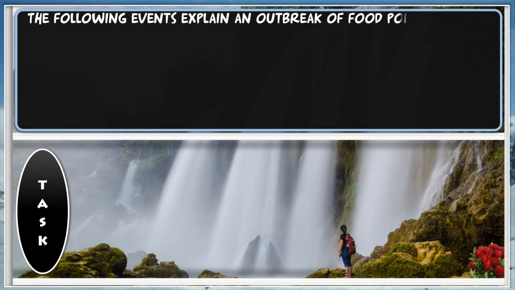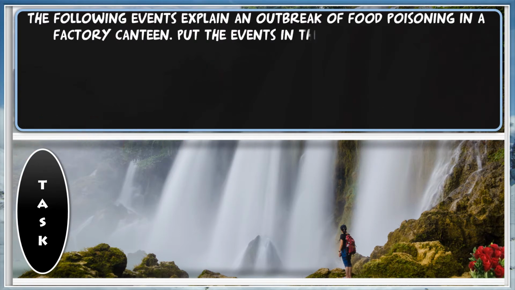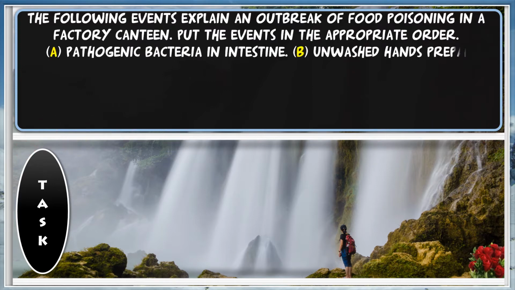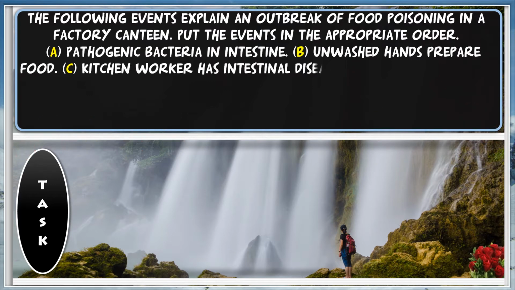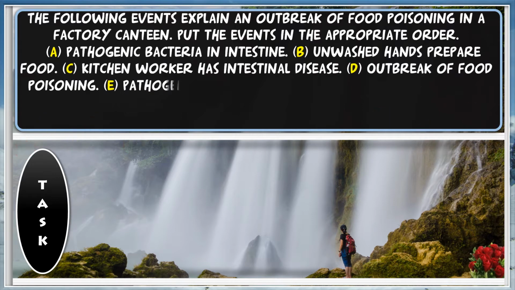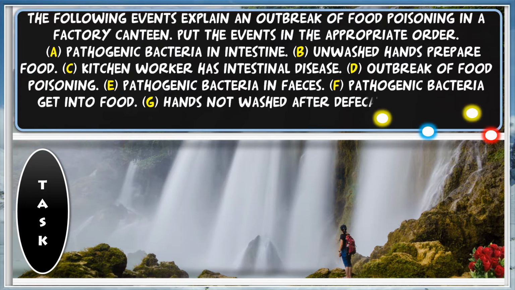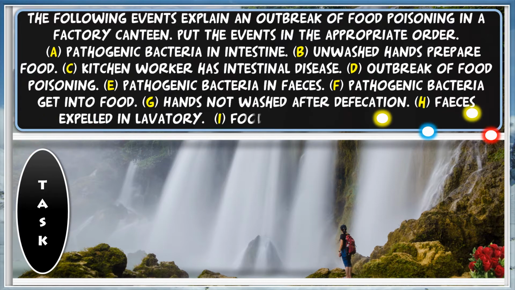The following events explain the outbreak of food poisoning in a factory canteen. Put the events in the appropriate order. A. Pathogenic bacteria in intestine. B. Unwashed hands prepare food. C. Kitchen worker has intestinal disease.